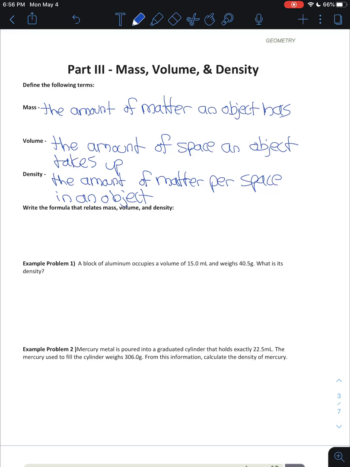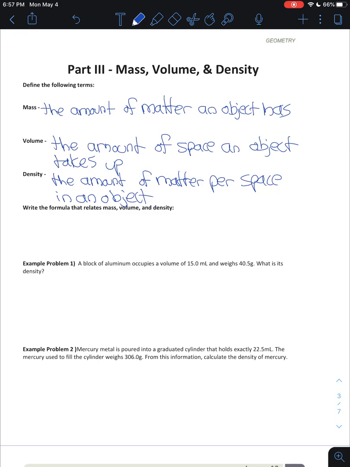The easiest way to imagine this is, if you take something like a rock, you'll notice even a relatively small rock can be pretty heavy. That's because the matter in a rock is very close together. It's a lot of matter. We said mass is kind of like how heavy it is. The more matter it has, the more heavy it is. So an object that's very dense has a lot of matter that's tightly packed together. So a very dense object can be kind of small but still heavy.